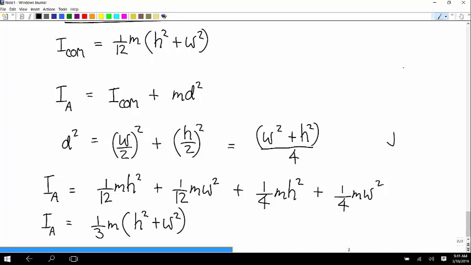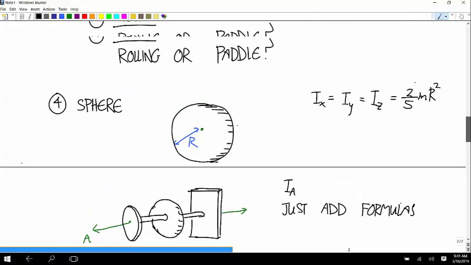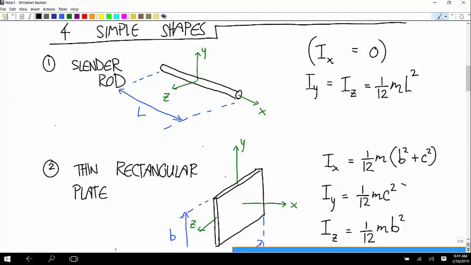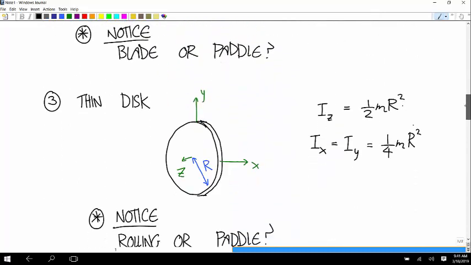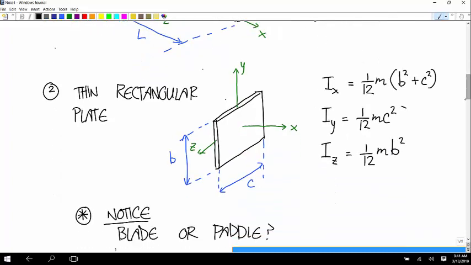I want to say one more thing. The thin requirements of these. When does it matter, so on all of these except the sphere, we have these requirements: slender rod, thin plate, thin disc. When do those matter? They always matter for the rod.